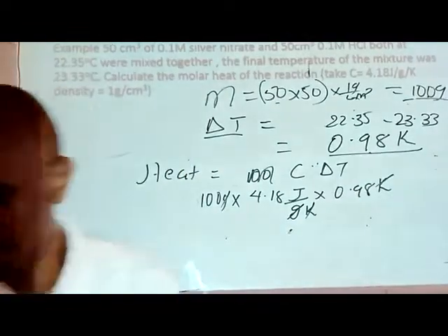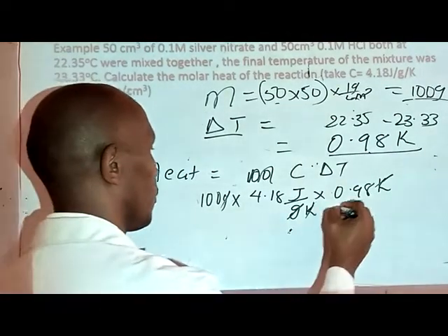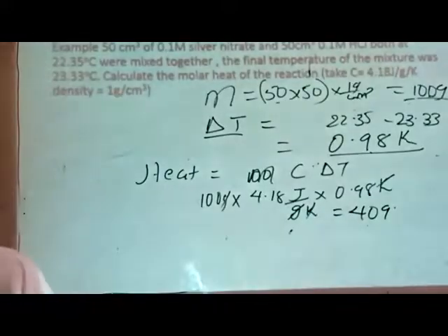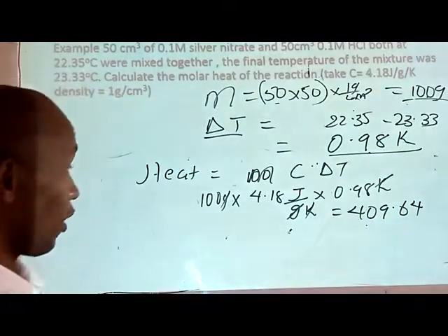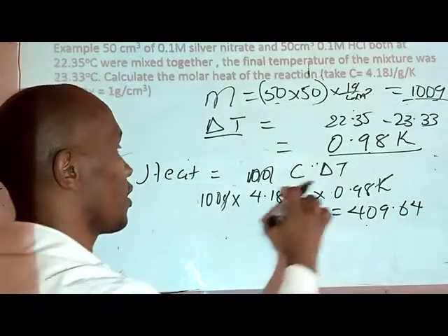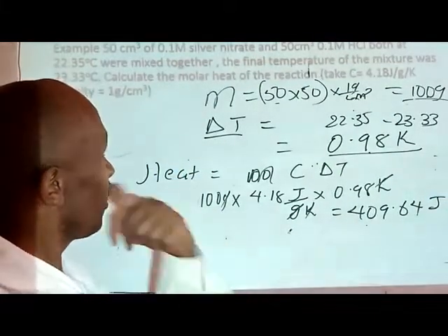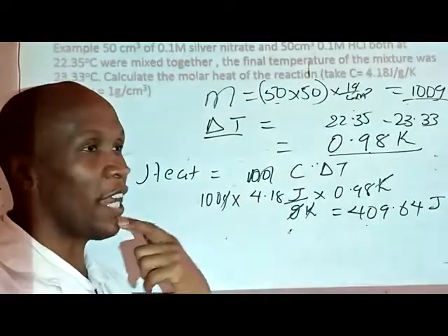I can just multiply the rest. .64, what are the units? Those are simply joules. So that is the amount of it that is absorbed by the environment.